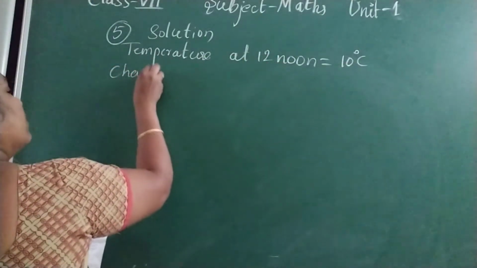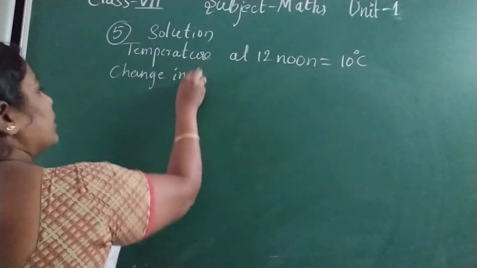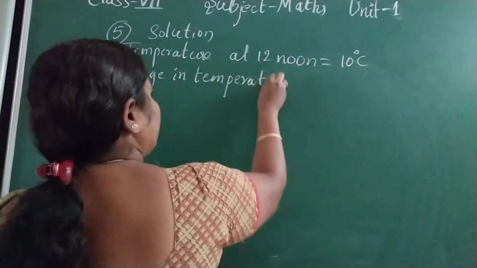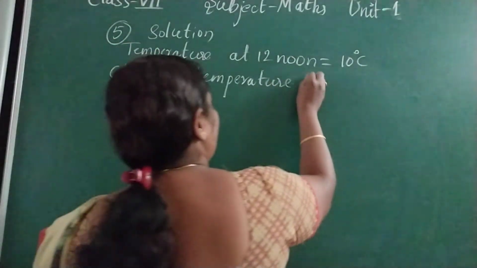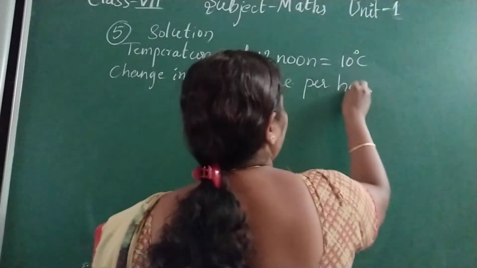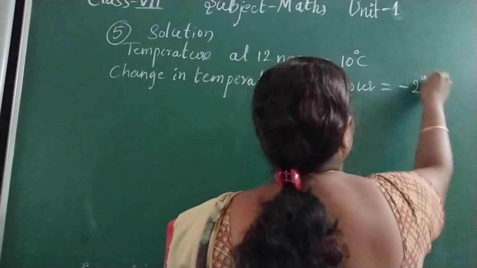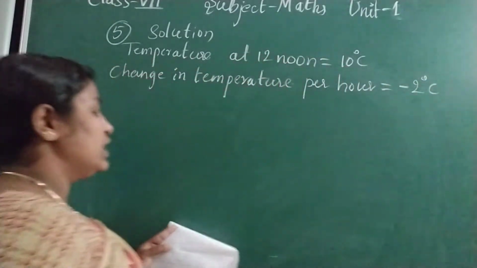Change in temperature per hour: per hour, how much will the temperature become? This will become minus 2 degrees Celsius.